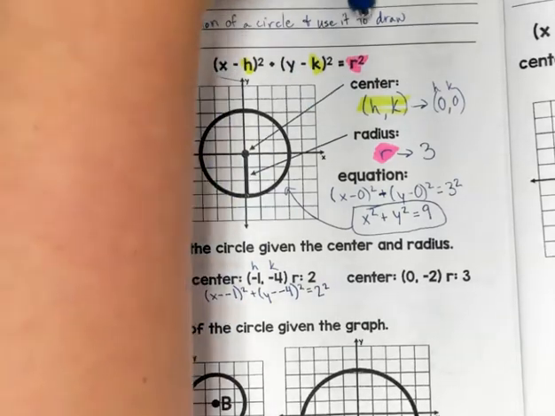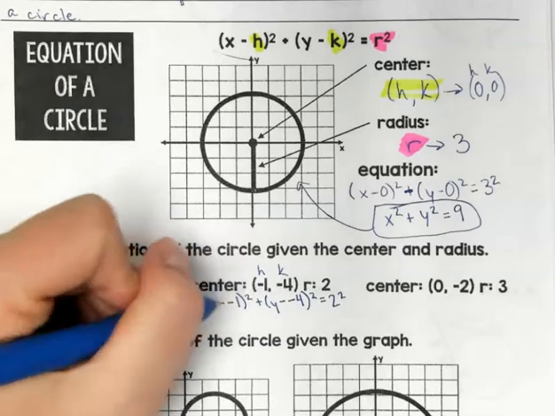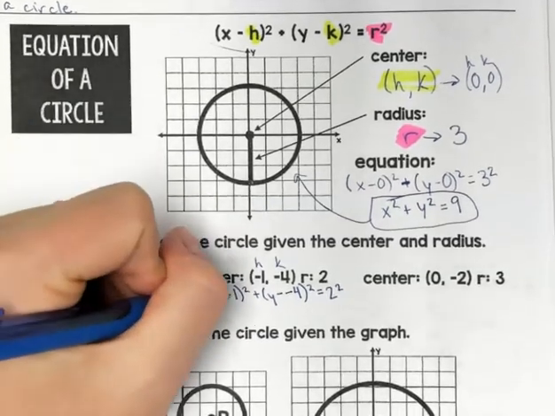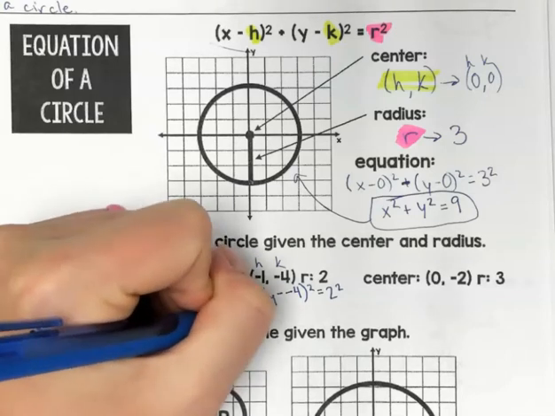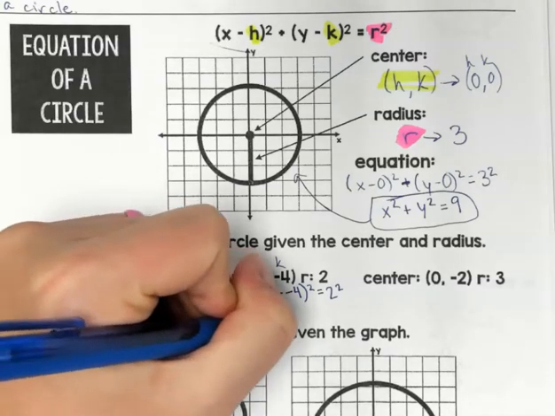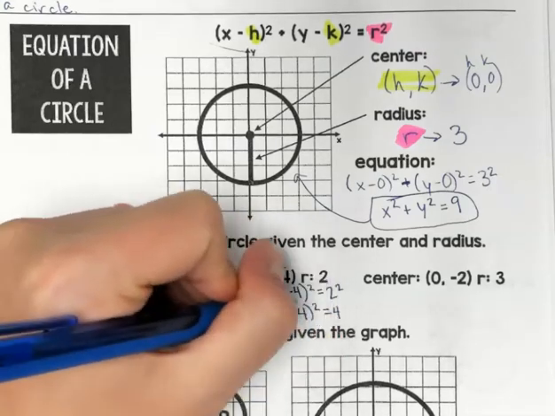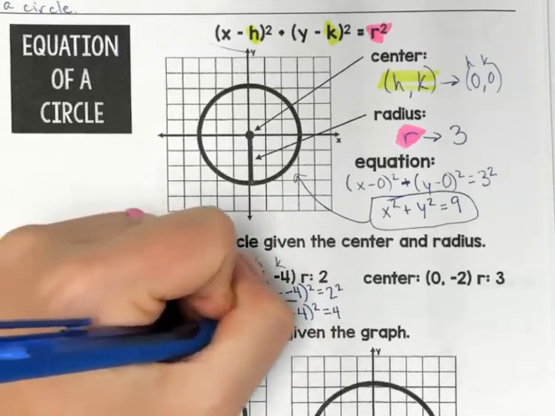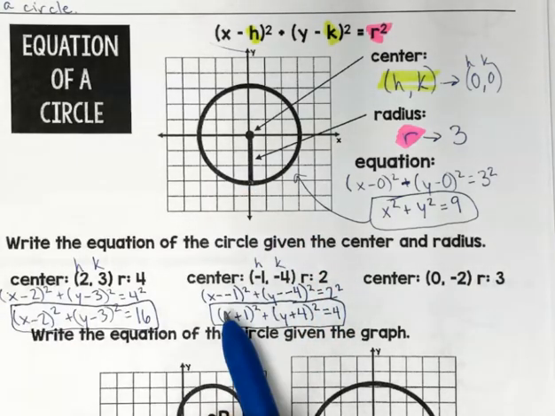When I rewrite that, I have x minus a negative becomes x plus 1 squared plus y plus 4 squared equals 4.